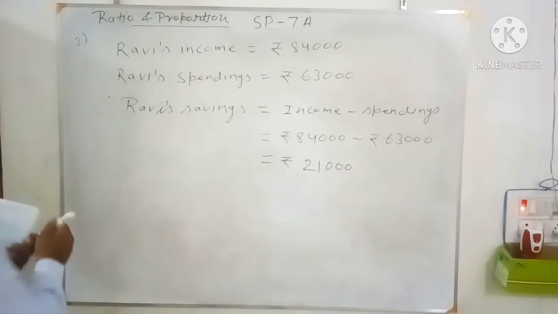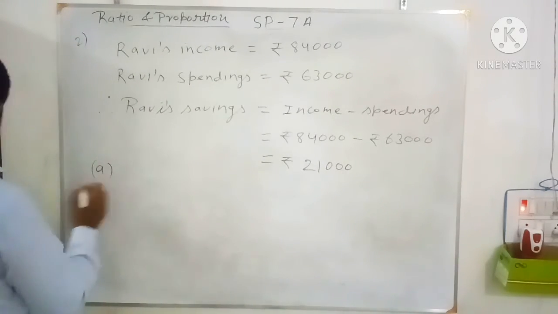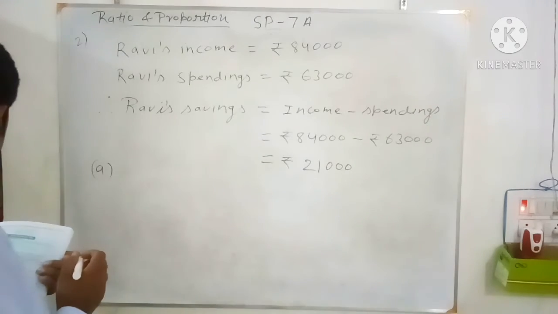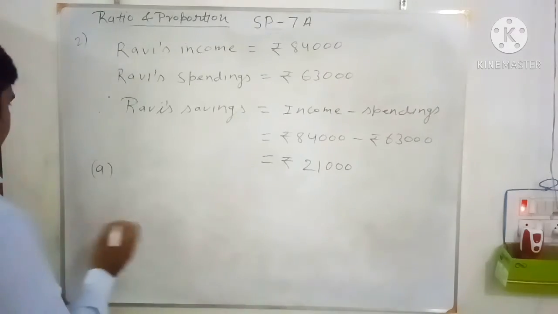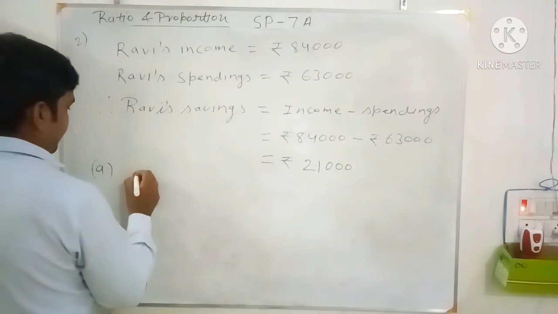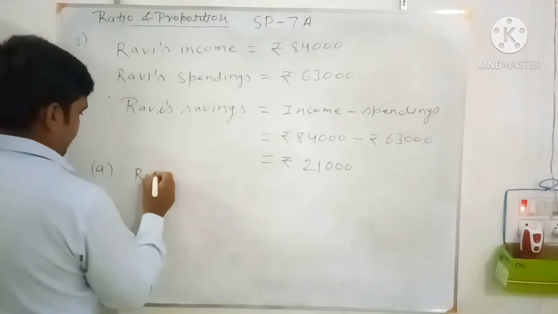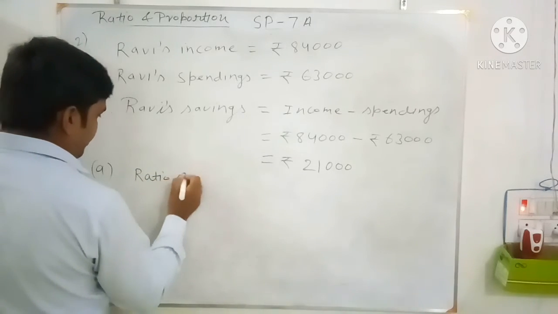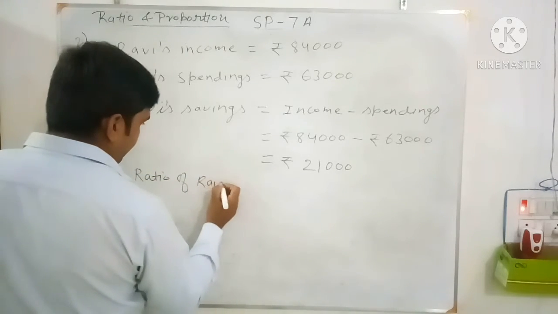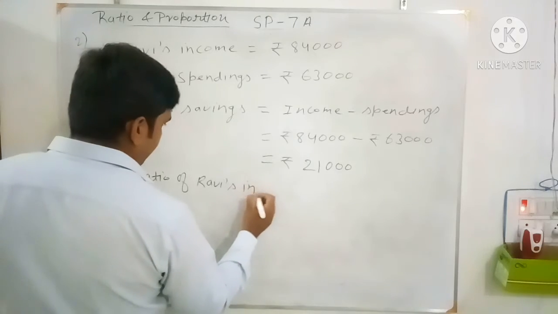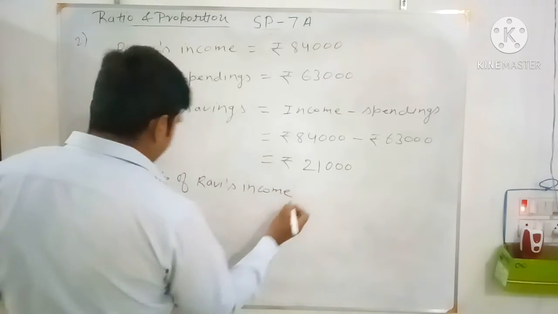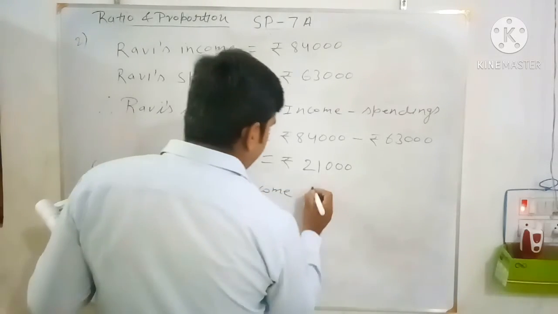Now the first question asked in this part A is the ratio of Ravi's income to his savings.